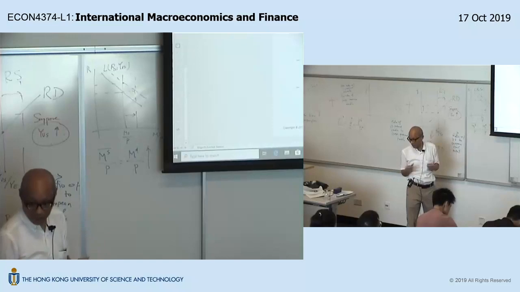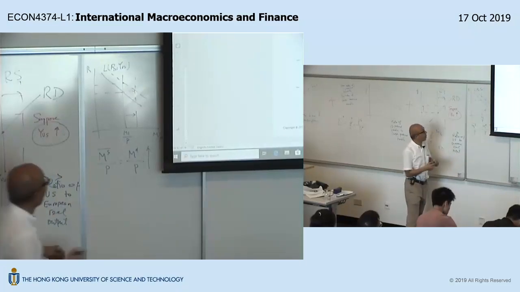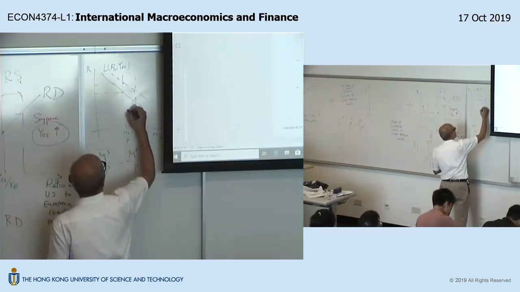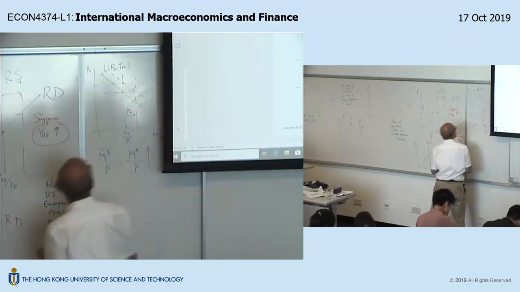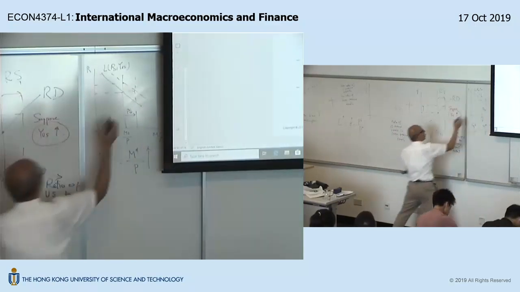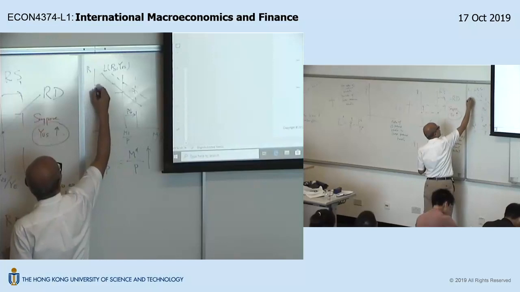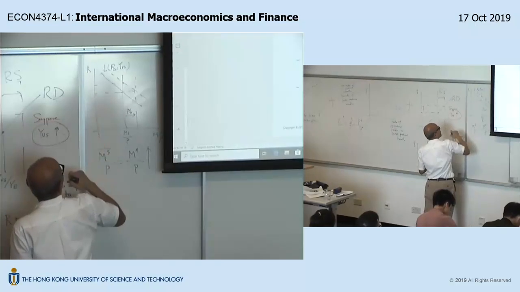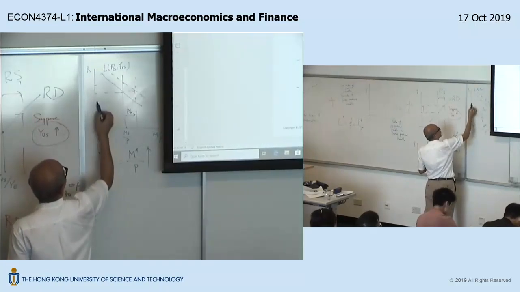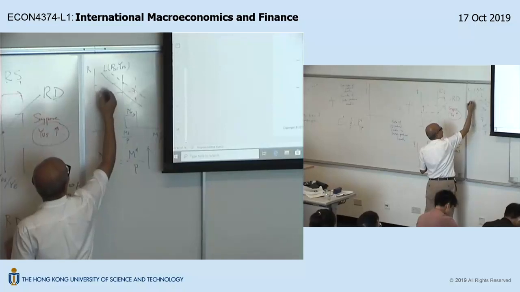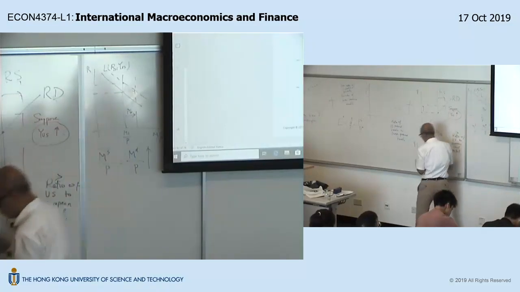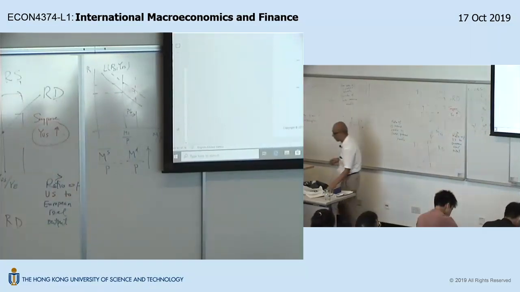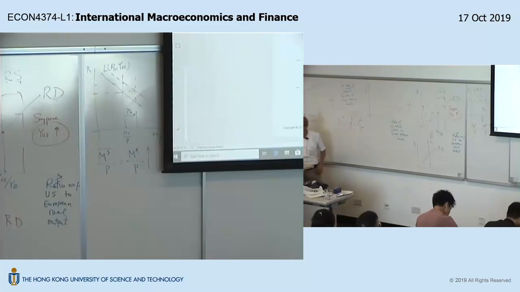MS is constant. So this means that the price has to fall. It first moves up, but in the long run it has to stay at this level, the interest rate.